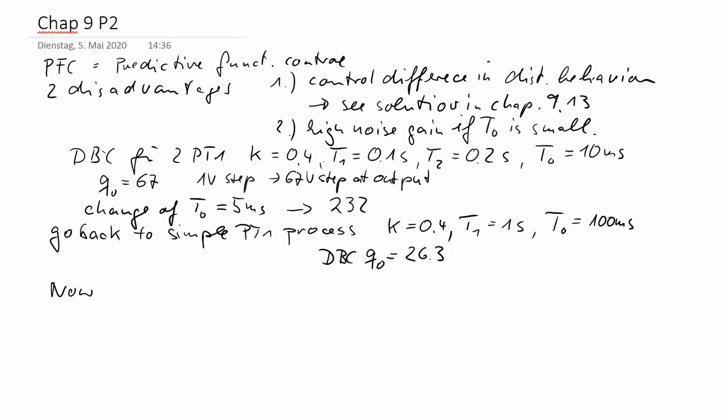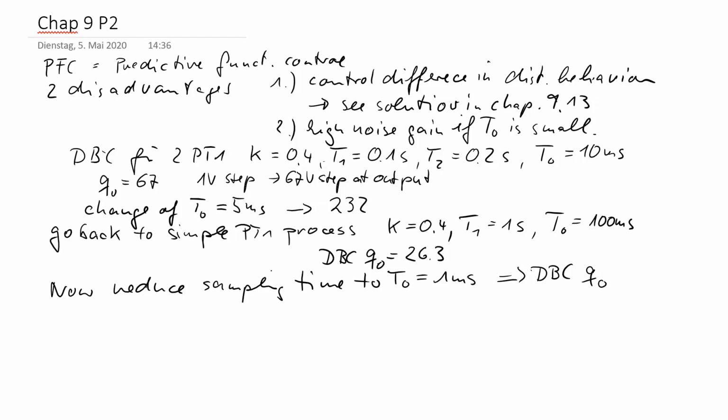Now reduce the sampling time to 1 millisecond. To 1 millisecond. And you want to have a good controller. Note that in this case, the DBC, which you can calculate with my tools, now has a changed Q0, which is 2500.